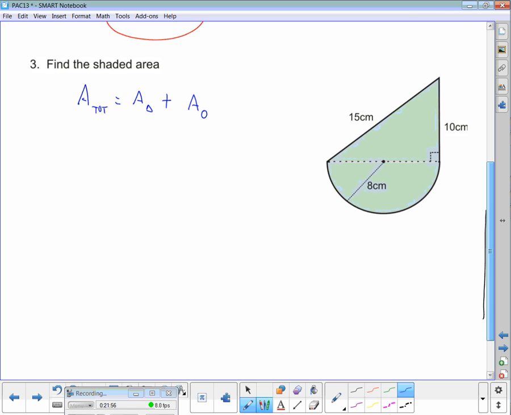No. Close. I gotta add one thing to get there. One thing. Adriana? The triangle or the circle? Awesome, right? That's a semicircle, isn't it? Don't we have half a circle? So we gotta do half the area of a circle.